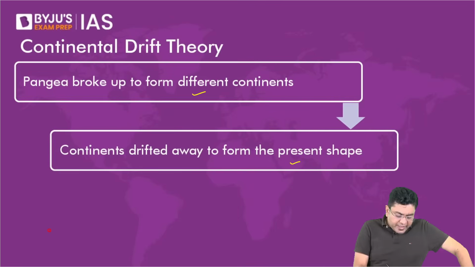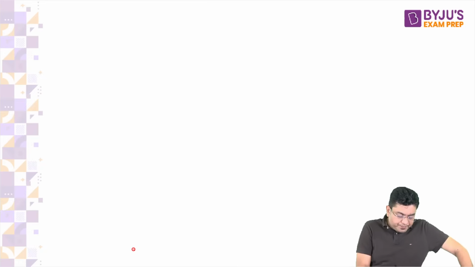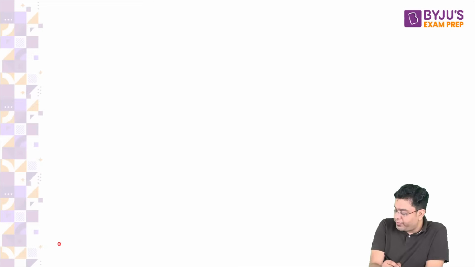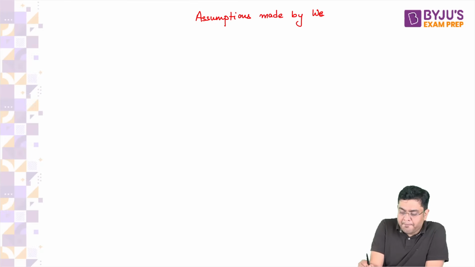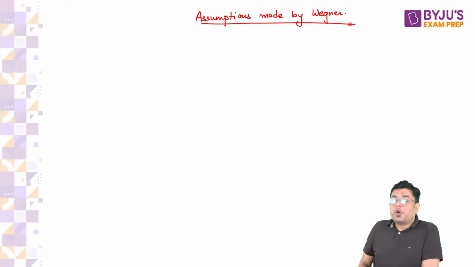Now, what were the assumptions, first of all? Assumptions made by Wagner to prove his theory. What were the assumptions?